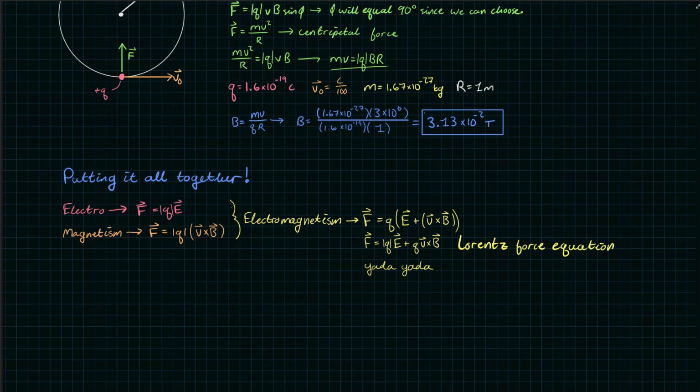This one's a bit simplified if you want to take the Q out and you just want to mess with the E's and the VB's. That one's up to you. You can mess around with this equation all you want, hence the yada yada. But nonetheless, this is our final equation for the forces determined by electric field and magnetic field.